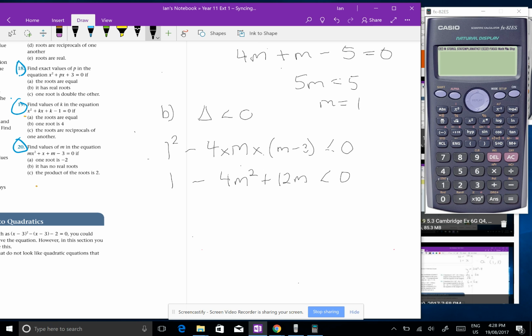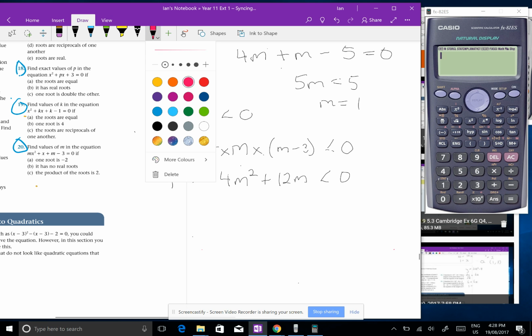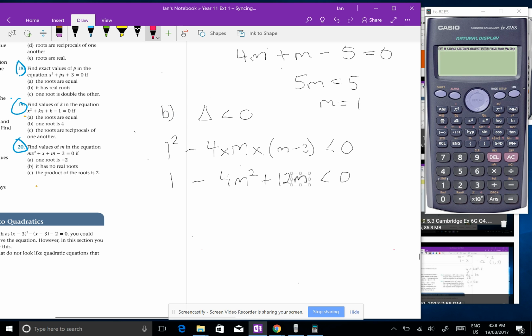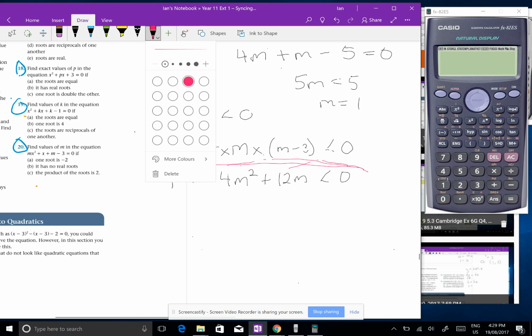Now, when you get a negative in front of the coefficient of whatever is squared in your quadratic, and this is a quadratic inequality, you can try and solve it on the left-hand side, but I'm just going to take everything over to the right-hand side. So I'm going to take the 12m over, the 4m squared over, and the 1 over, and because I'm taking them over, it will change the sign.